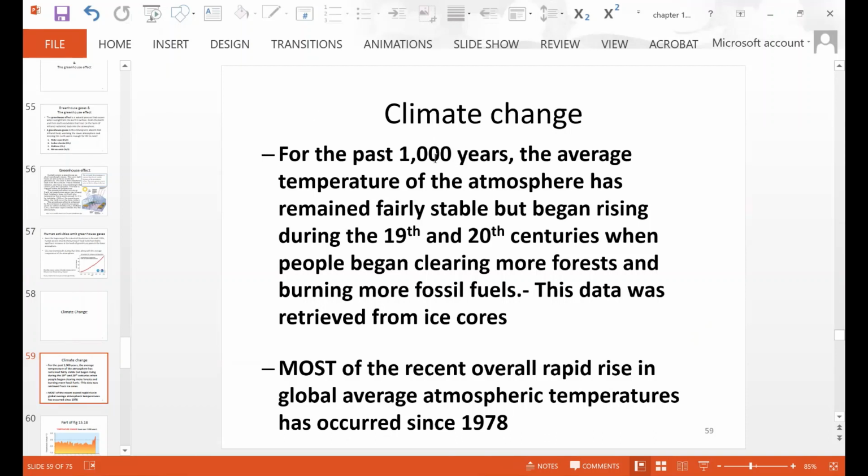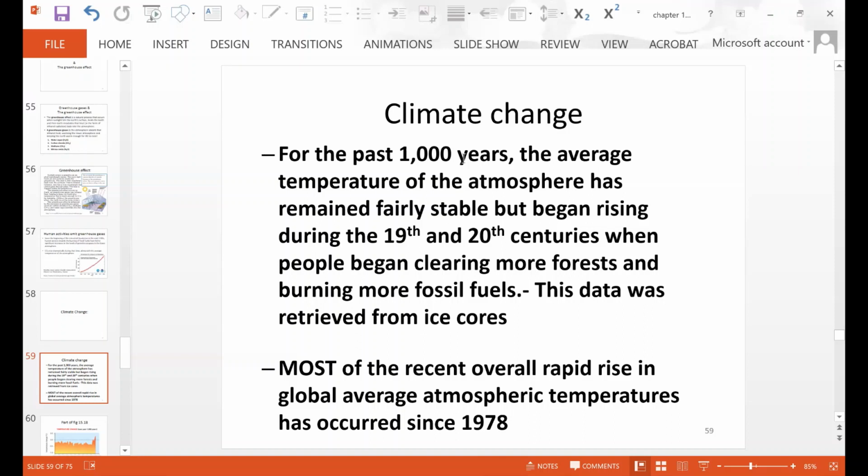And the earlier temperature data, before we had people taking records, is retrieved from ice cores. So you drill down into the glacial ice in Antarctica, for example, and then you can get different information from the air bubbles that are trapped within the ice.